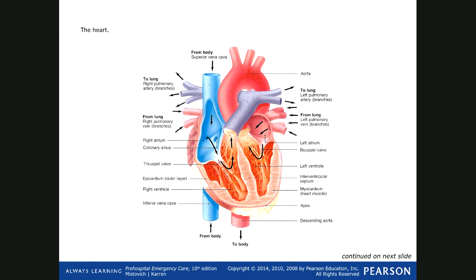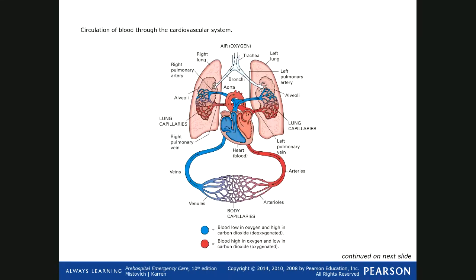These 2 valves, the tricuspid and bicuspid valve, those together are called the AV valves, for atrioventricular valves. And then the pulmonic valve and the aortic valve, those together are called semilunar valves. So here we have a picture of, again, the right side of the heart.